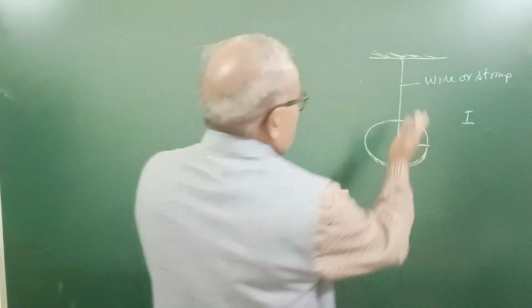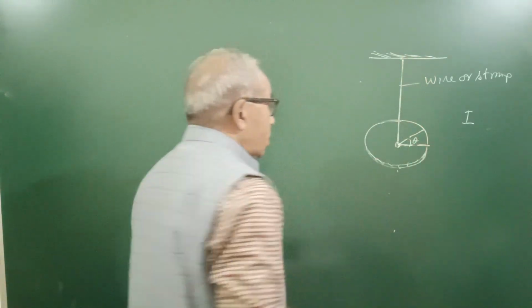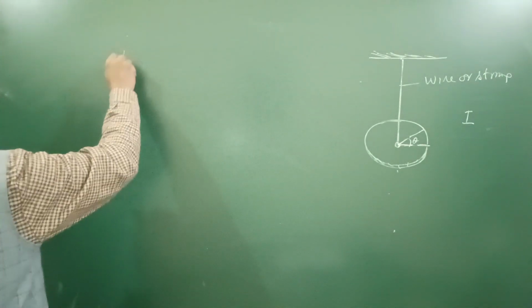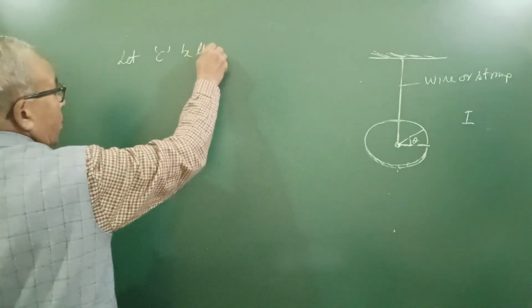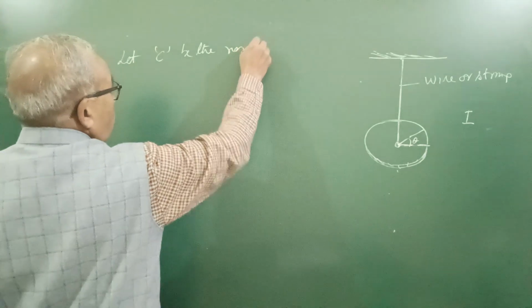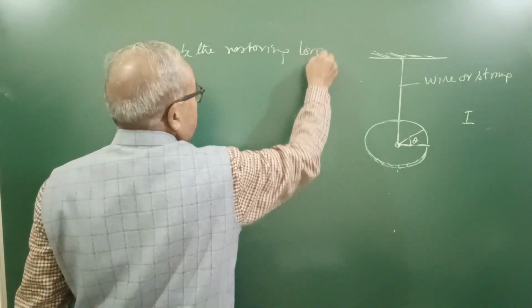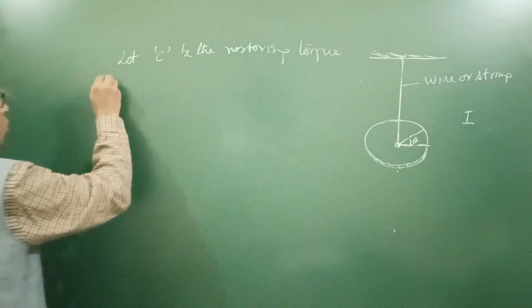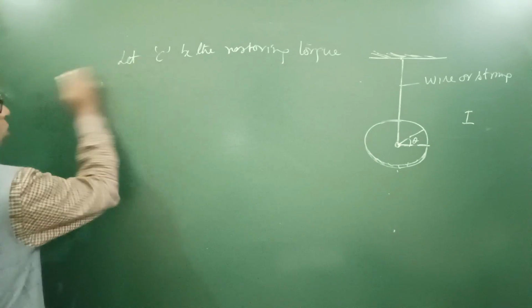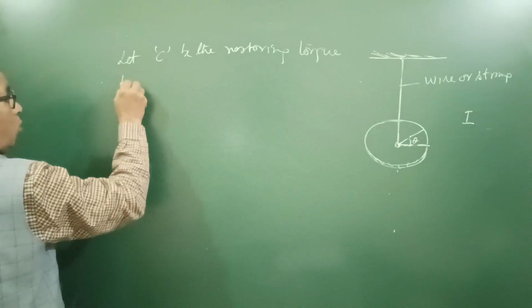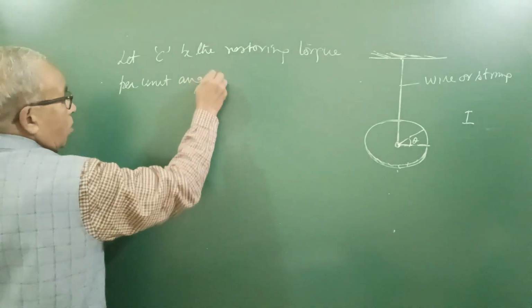When we twist it, the twisted wire will produce a restoring torque. Let capital C be the restoring torque produced per unit angle of twist.